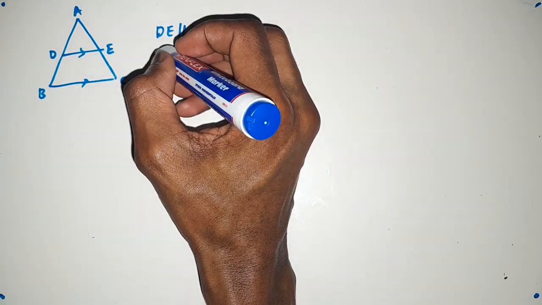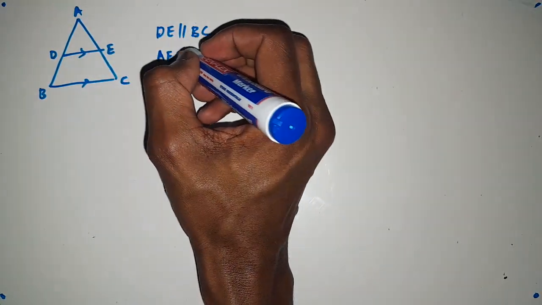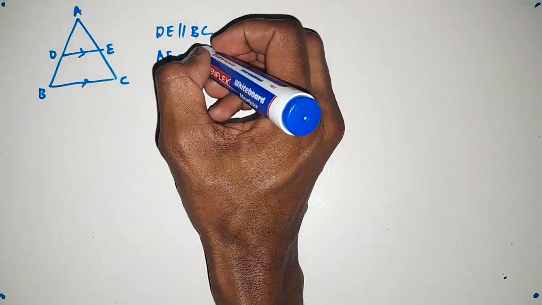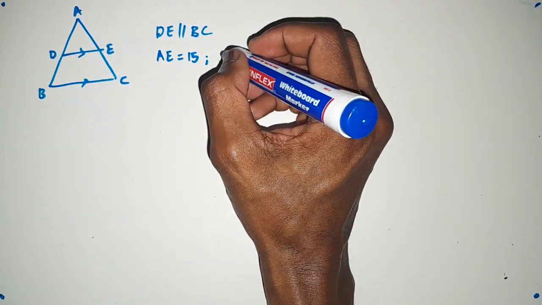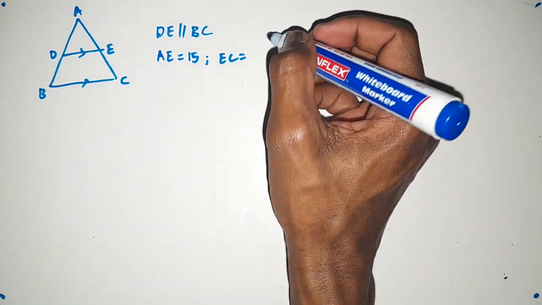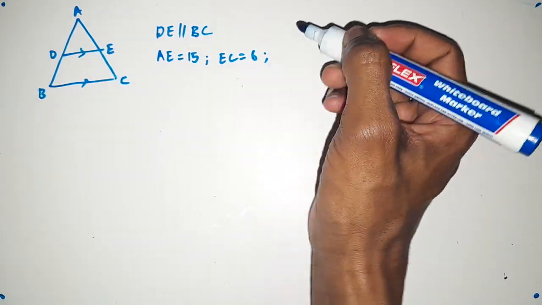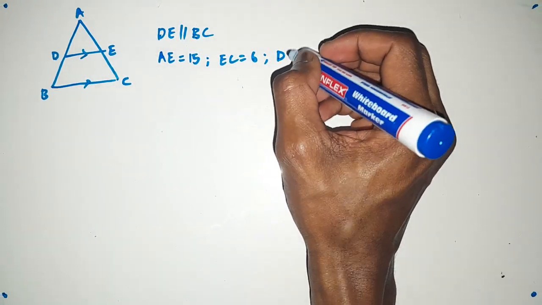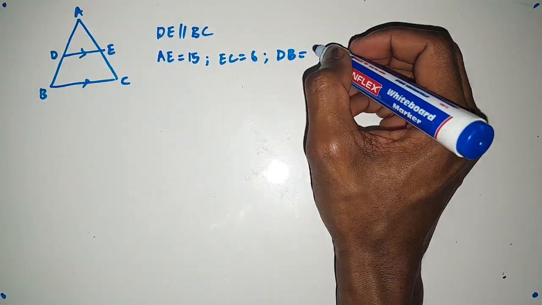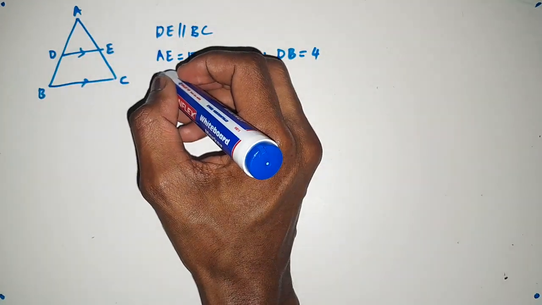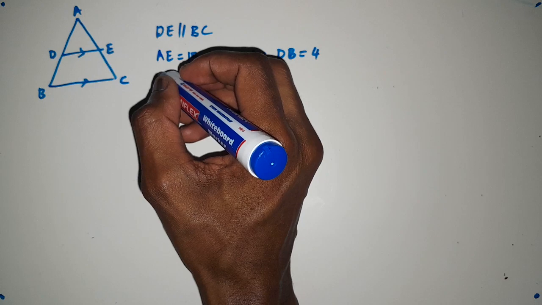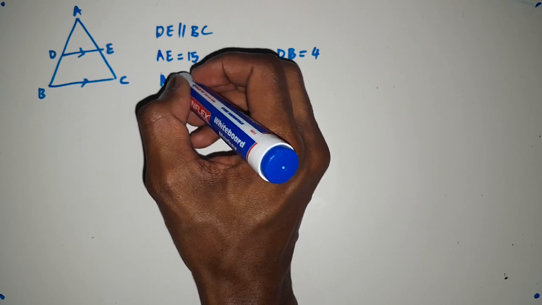And let's say they said to us AE is equal to 15, then EC is equal to 6, and DB is equal to 4. Now let us determine the value of AD.